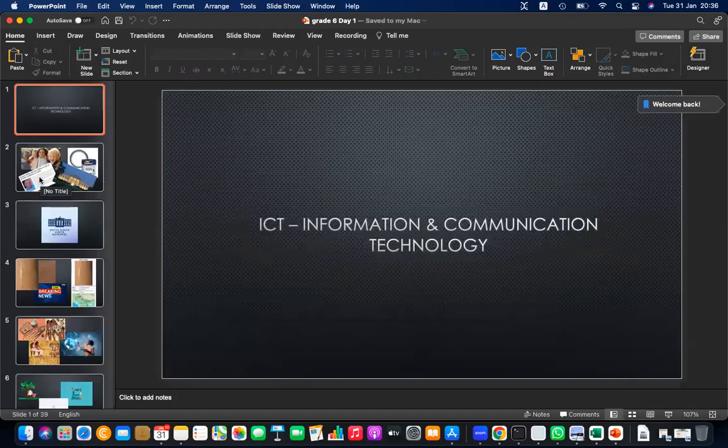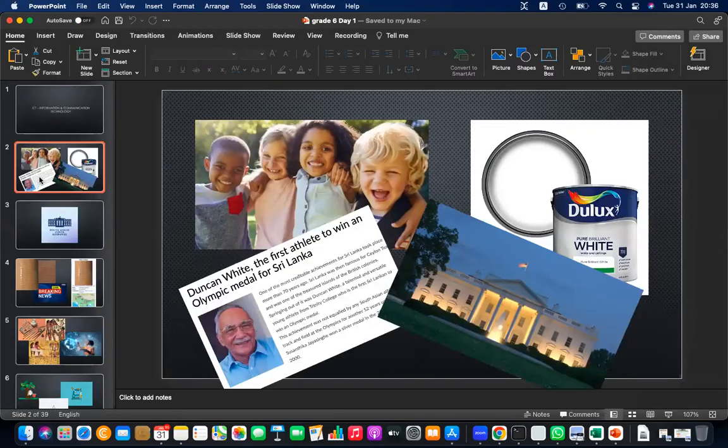This is from grade 1 actually, just to explain the basics of ICT again, because like any lesson, you need to have a better foundation.